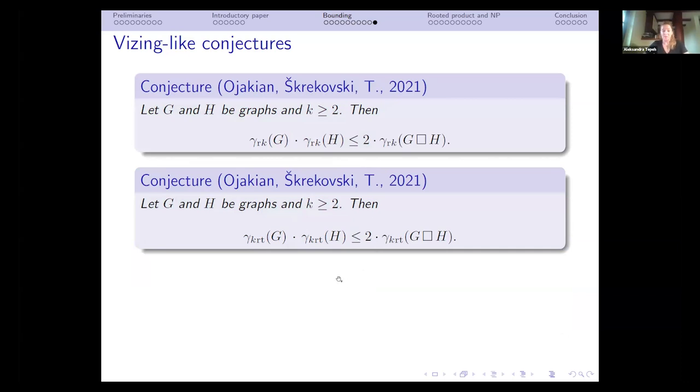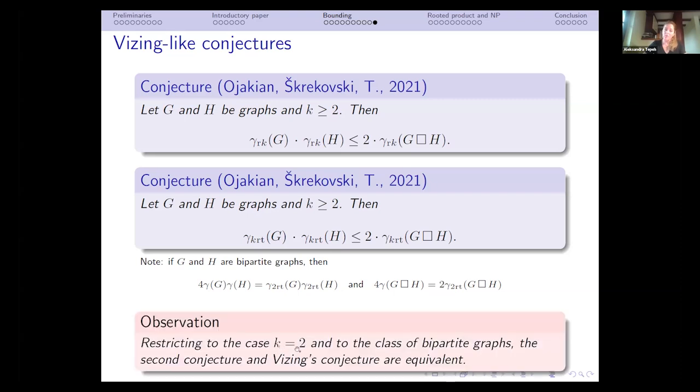What is especially interesting here is that if we take bipartite graphs, you can see that this equality and this equality certainly hold, just by this proposition that we just proved. And if you take a look, you will see that if we restrict to the case when k is equal to 2 and to the class of bipartite graphs, then this conjecture and Ising's conjecture are equivalent.